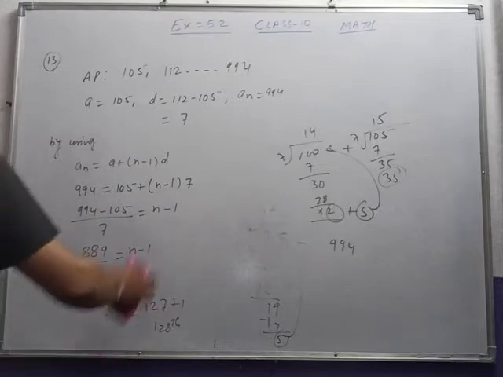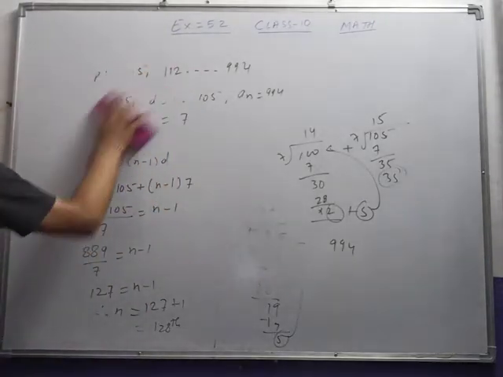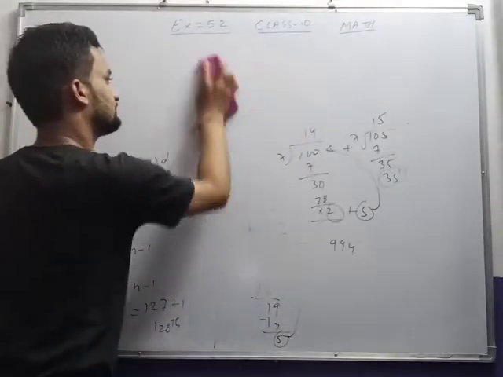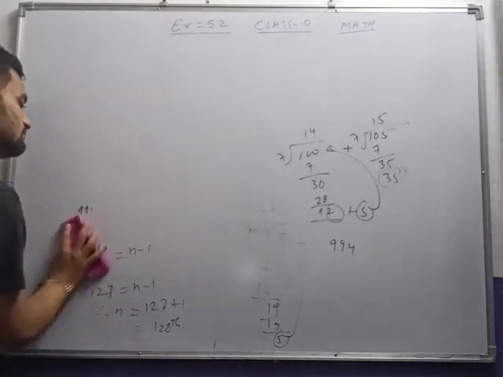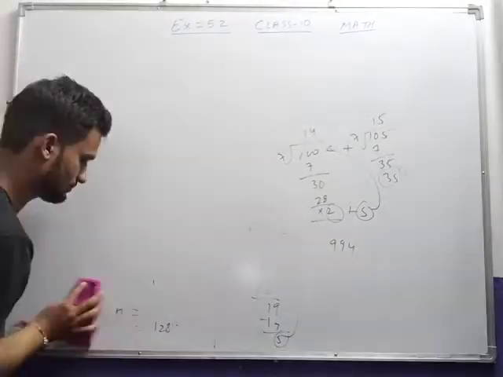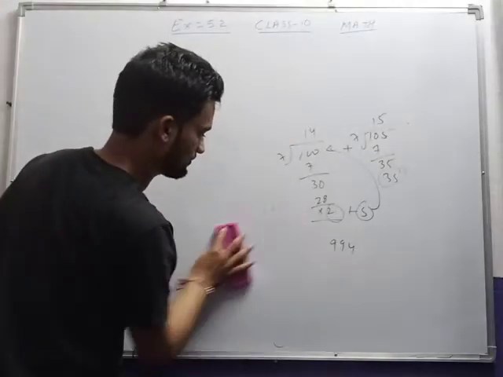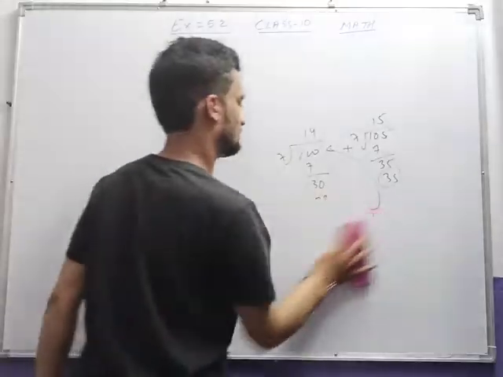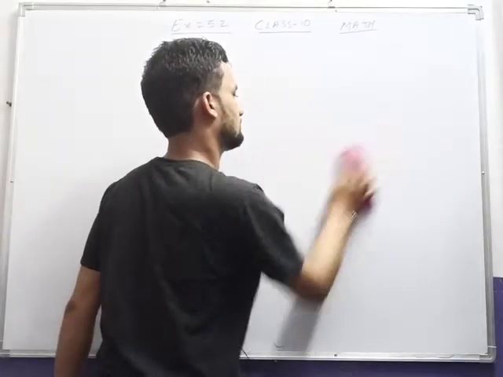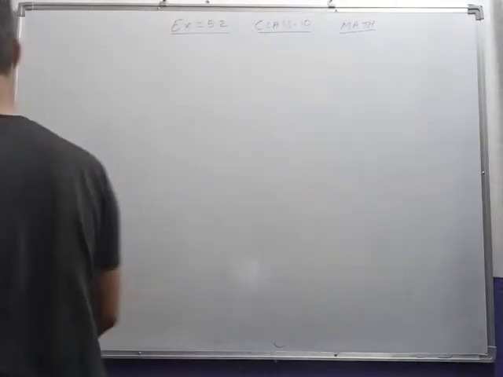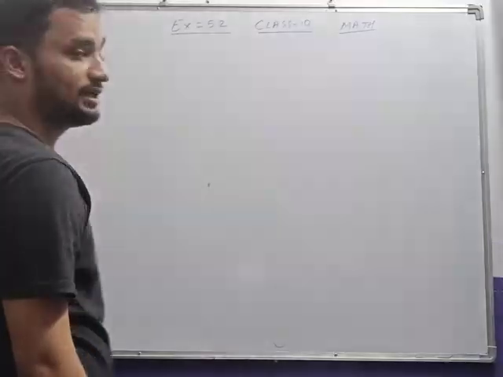Now we are looking at question number 16. Question number 16 is asking: determine the AP whose third term is 16 and whose 7th term exceeds the 5th term by 12.